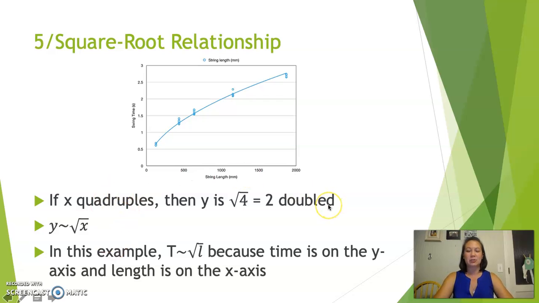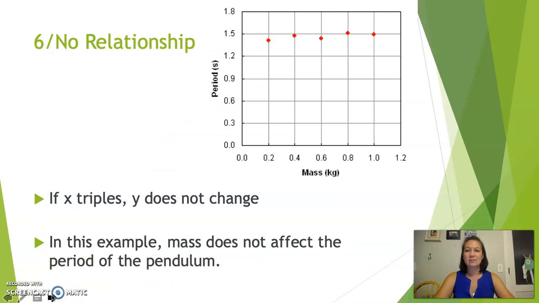It less than quadruples. It just doubles. How to check is take y is proportional to the square root of x. In this case, on the y-axis is time, so t is proportional to square root of length, because length is on the x-axis.